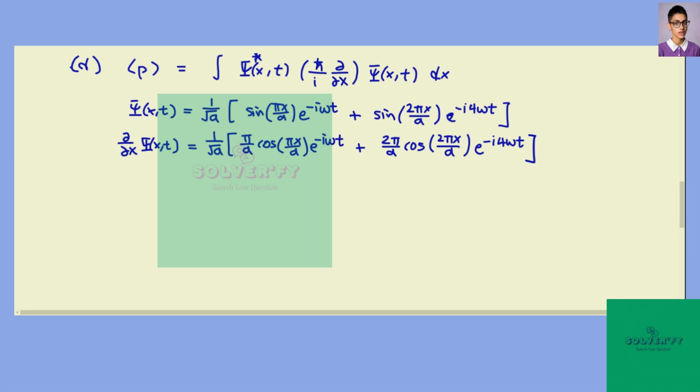Okay, and then here you can simplify by pulling out the pi over a. Okay, I'm going to ignore the h bar over i for the moment.